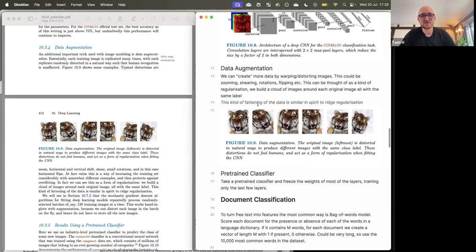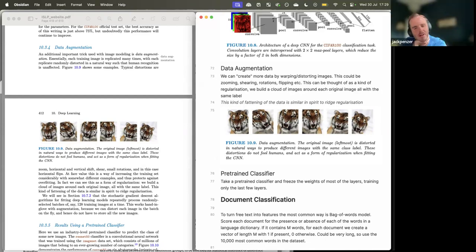And it also says this kind of fattening of the data is similar in spirit to ridge regularization, which I thought was quite a statement to throw out there. It doesn't really justify that. I think it's because, do I have an opinion on why that is? Similar in spirit.